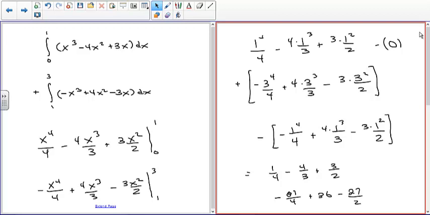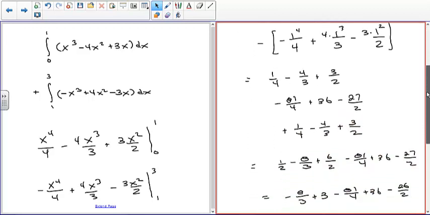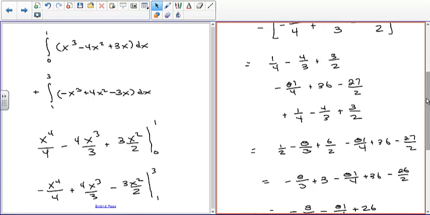Once you plug all that stuff in, you get these 9 different fractions or something. There's all different ways of doing it. Since I didn't have my calculator, I was trying to figure it out otherwise. What I did was combine the quarter and the 2 quarters to get a half, the 2 -4/3 to get -8/3, and the 2 3/2 to get 6/2.